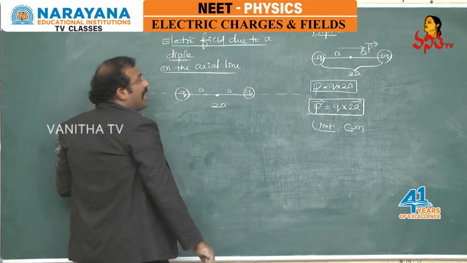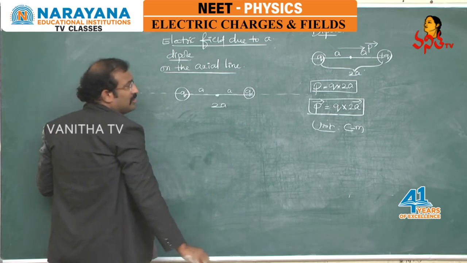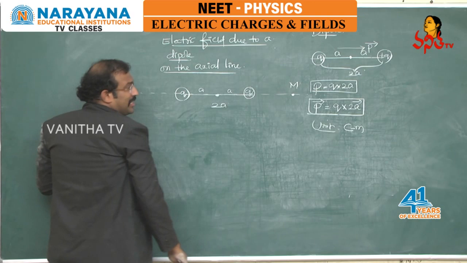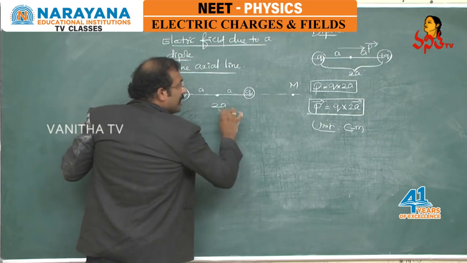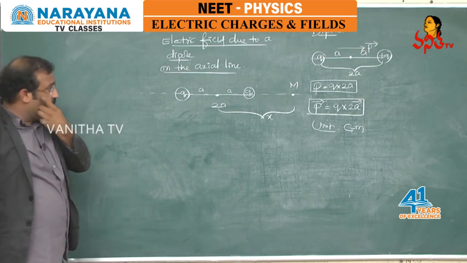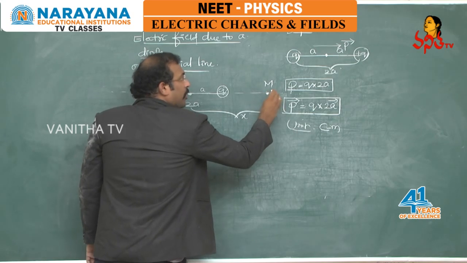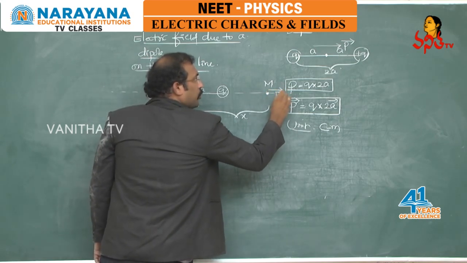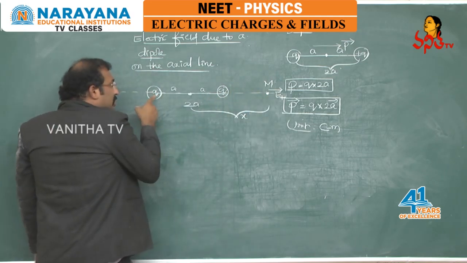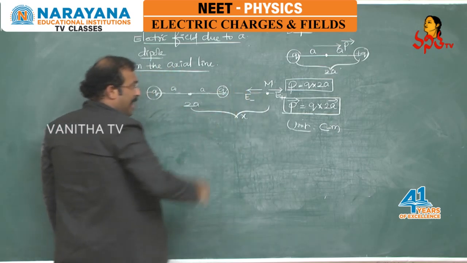Now to find out the electric field due to a dipole on the axial line, consider any point, say M, at a distance x from the center of the dipole. Electric field due to the positive charge at this point is in this direction, because it is away from the charge. Electric field due to negative charge will be like this, I am representing this as E minus.